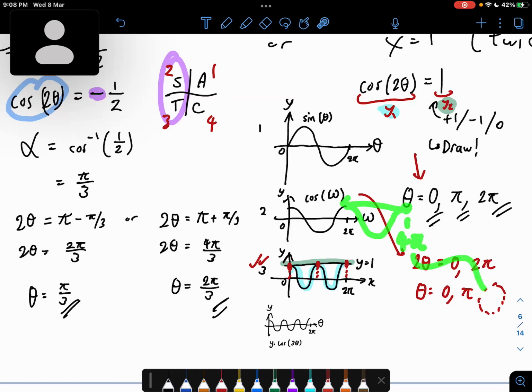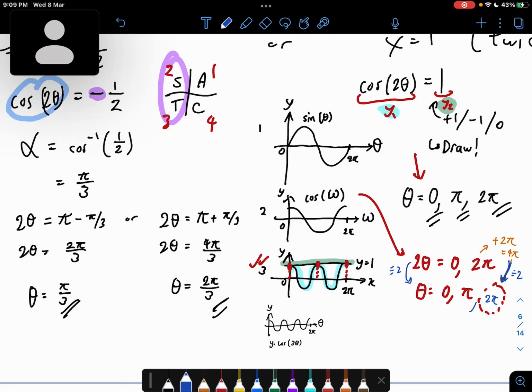Then you divide by 2 to get your 2 pi answer. So what you had to do was add 2 pi to this one, which gives you 4 pi, then divide by 2 to solve for theta, and you get your 2 pi.